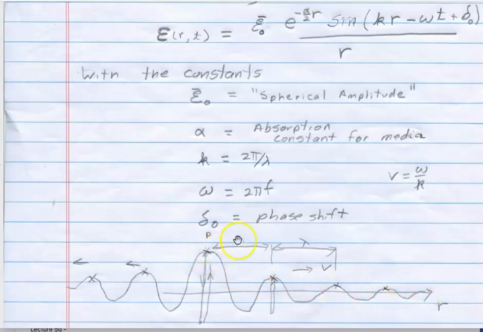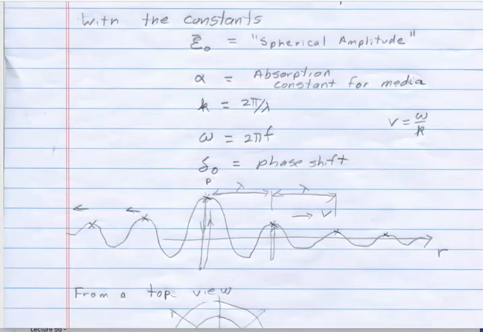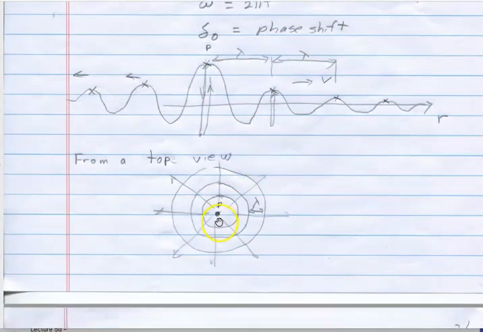From peak to peak, we still use the convention of peak to peak as a full wavelength, even though the amplitude is decreasing. So any two peaks for these waves. If this were a water wave on the top of a lake, and I look down on the lake, what I would see is the point source, and expanding about this, moving outward, are these circular wave peaks.